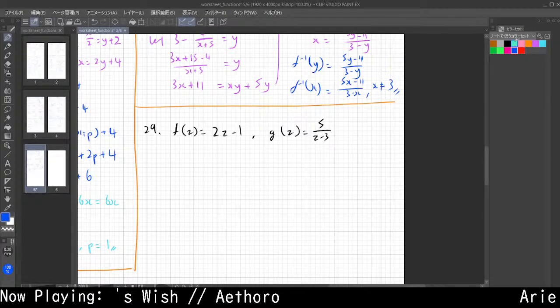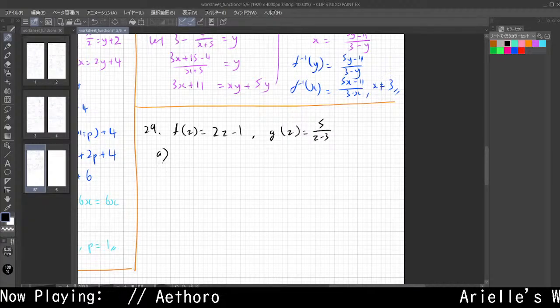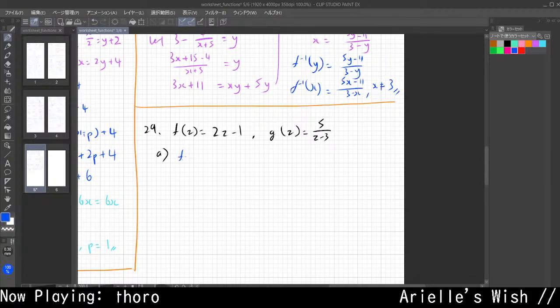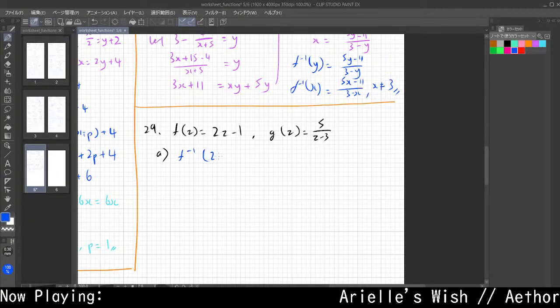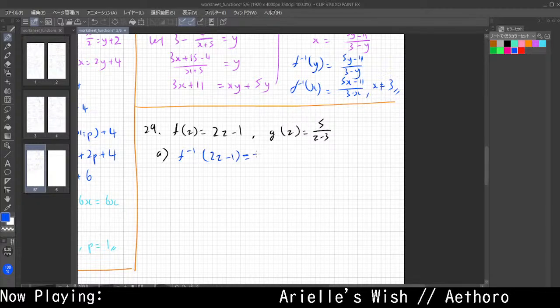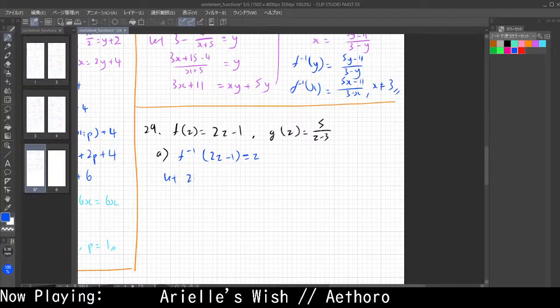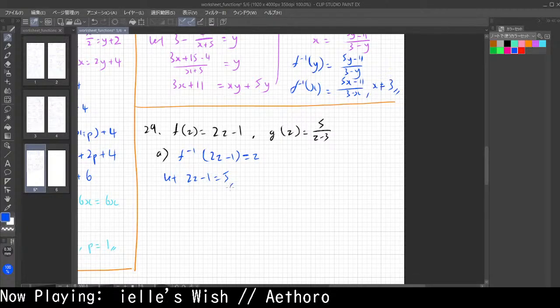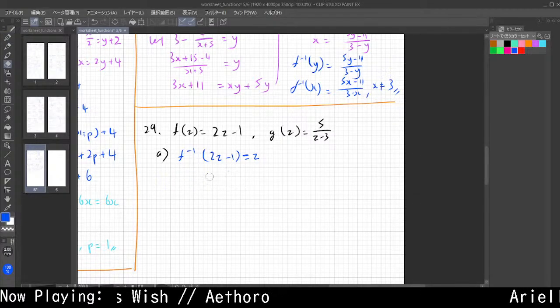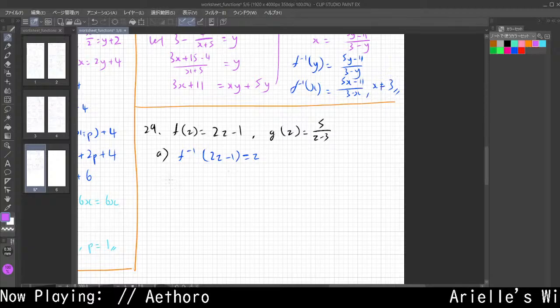You have f inverse of 2z minus 1 equals z. Let 2z minus 1 equal 5. Continue to use pink for this.